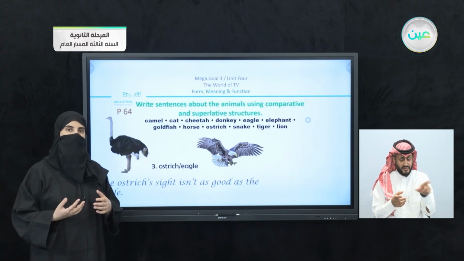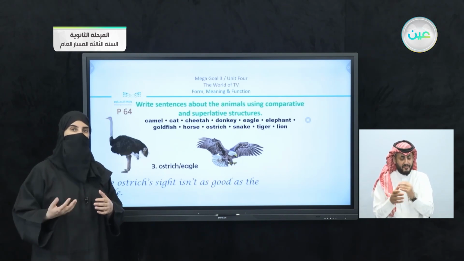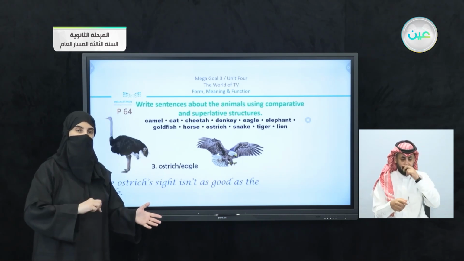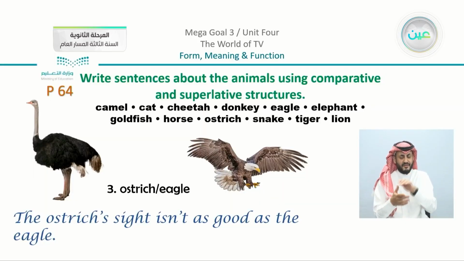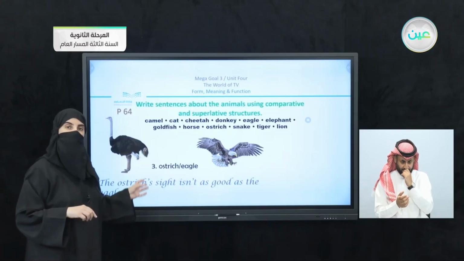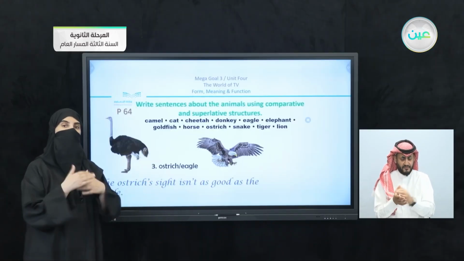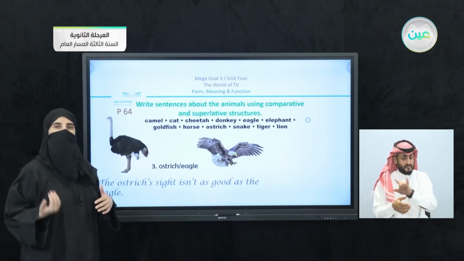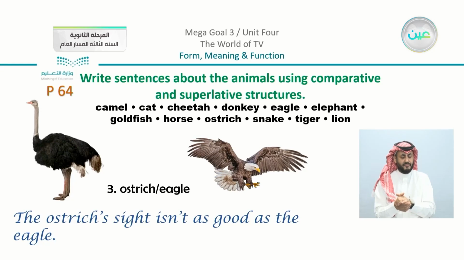We did mention that it has stronger eyesight than the zebra, but comparing it to the eagle, the ostrich's eyesight isn't as good as. Here, you can notice that I used the positive degree in comparing, but I added negative. We have here isn't as good as, which cancels the idea of positive here.